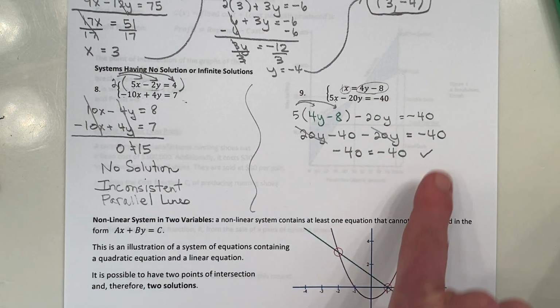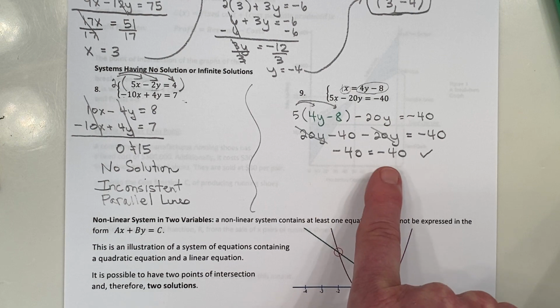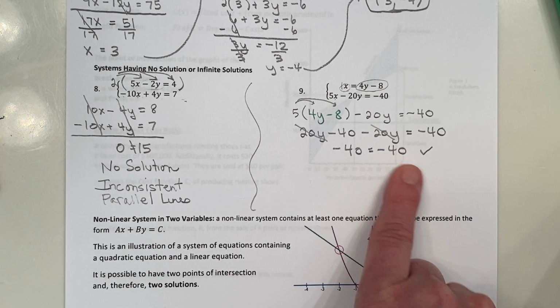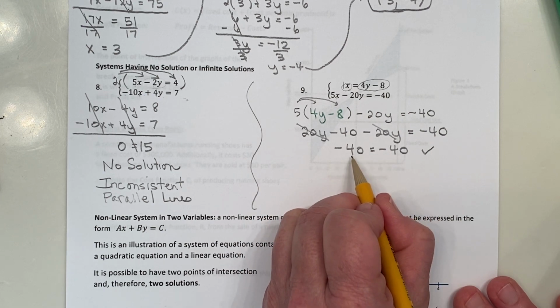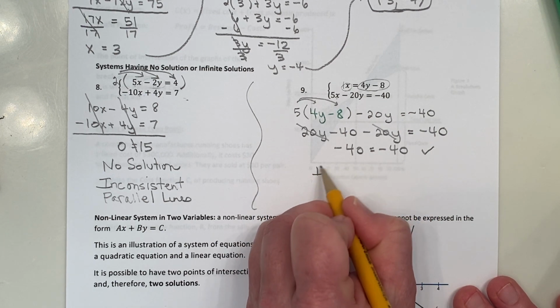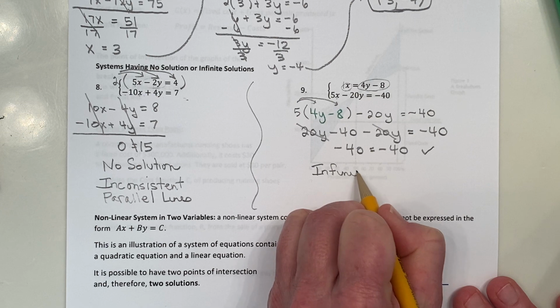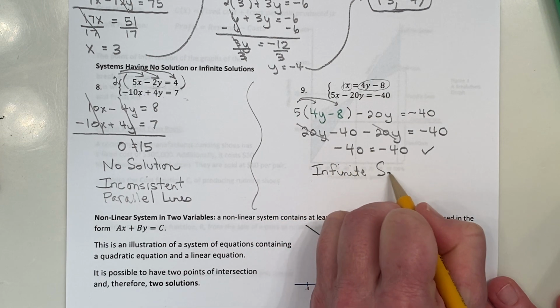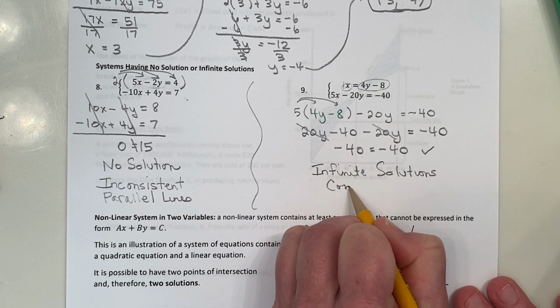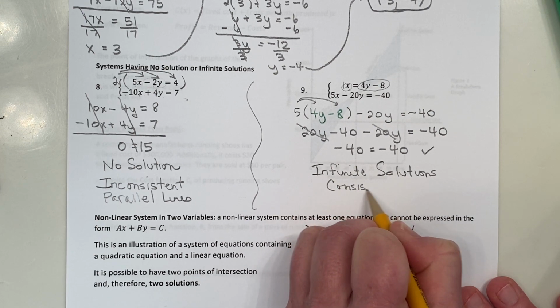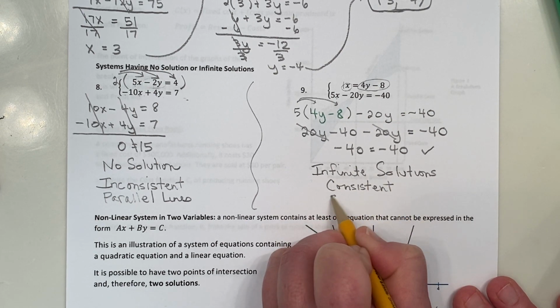Okay, so if you end up not getting any variables at all, but the two numbers are equal, then this is one of our other cases. This means that we have the same line. So we have infinite solutions. This is what we call a consistent system. Same line.